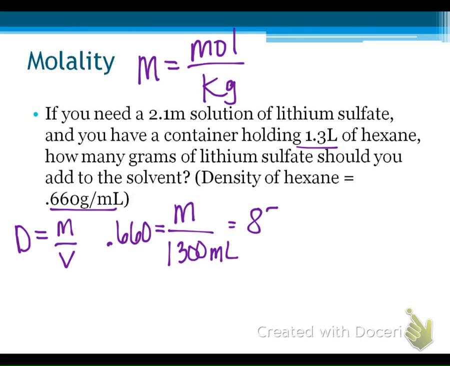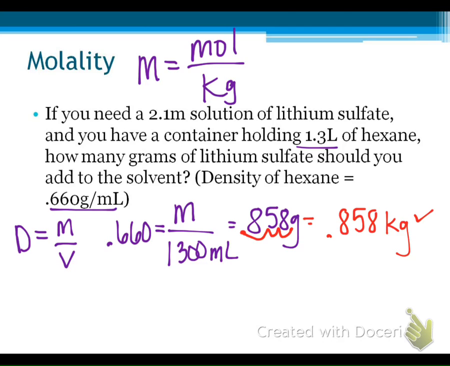And I got 858 grams. Okay, so that's grams of our solvent, and we need it in what? We need it in kilograms, so we'll move that decimal place 3 to the left, and that leaves us with 0.858 kilograms.